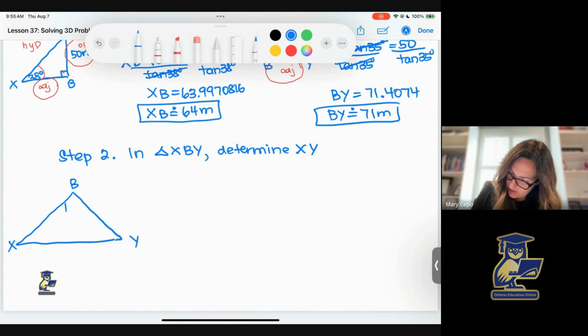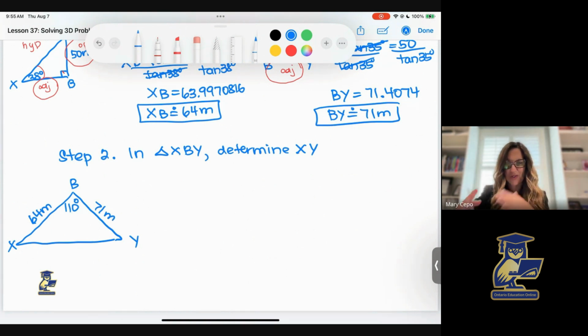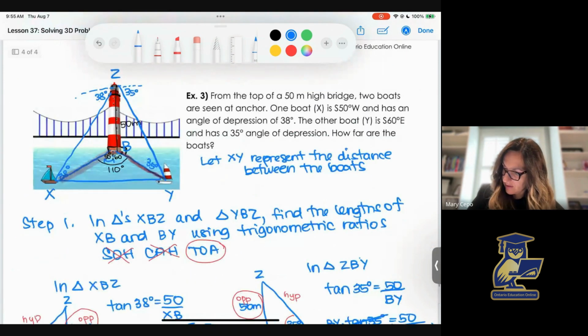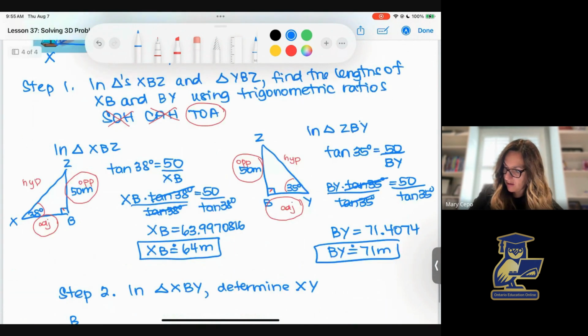So we knew this is 110 degrees. We know that this was calculated to be 64 meters, and this was calculated to be 71 meters. Okay, so if we look here, we have two sides and the angle that those two sides make. So two sides of the contained angle, and we learned if we have that information, then we can easily use the cosine law. Okay, so XY, now because that's B might be easier, let's go up and modify that. Let's say B represent the distance between the boats.